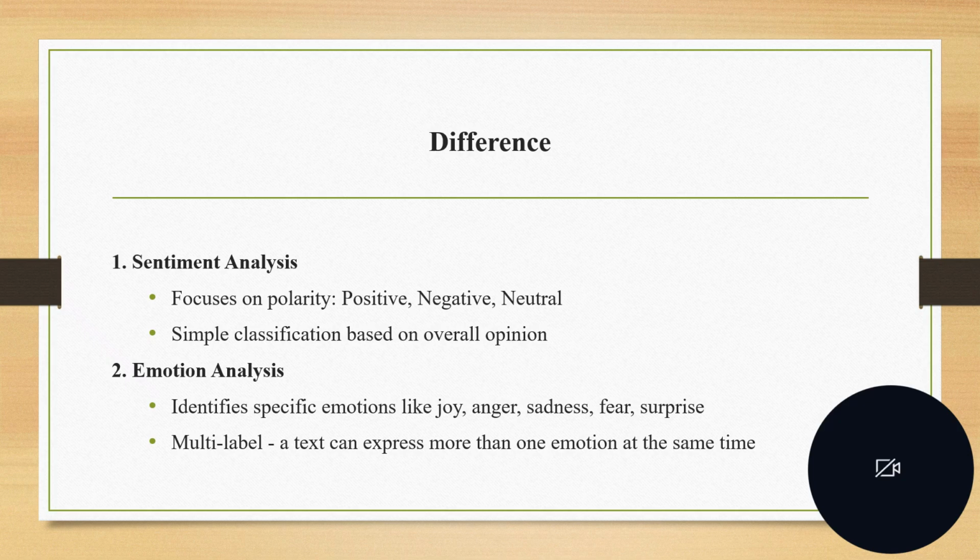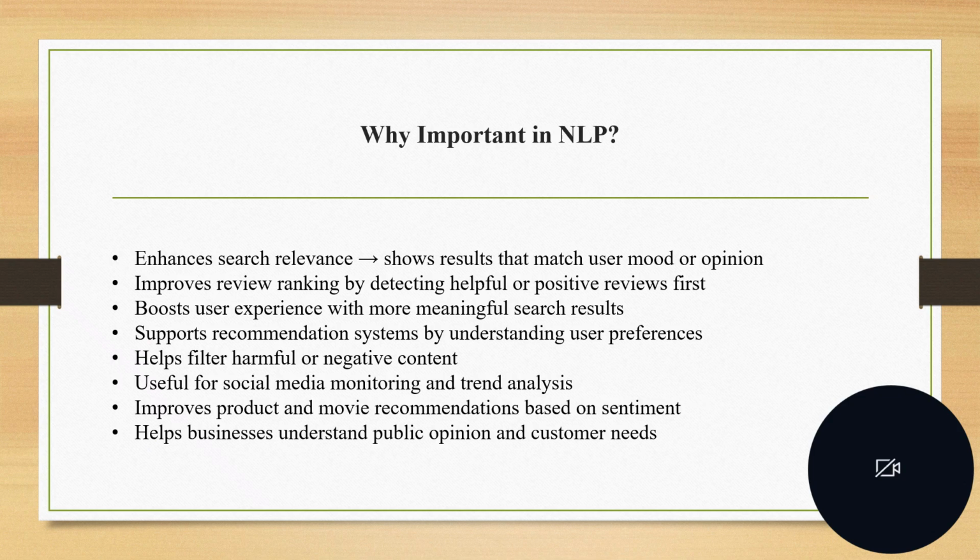Emotion analysis gives a deeper understanding, identifying exactly what the person is feeling, whether they are happy, disappointed, scared, excited, angry, shocked, or hopeful. So, sentiment tells us reaction, emotion analysis tells us feeling, making the system more emotionally aware and capable of human like understanding. So, coming to the next slide, why is it important in NLP?